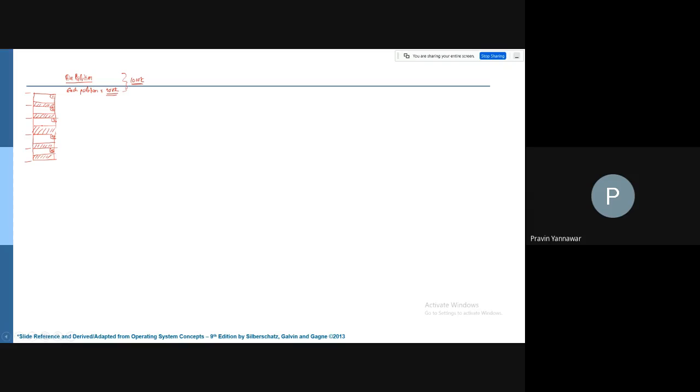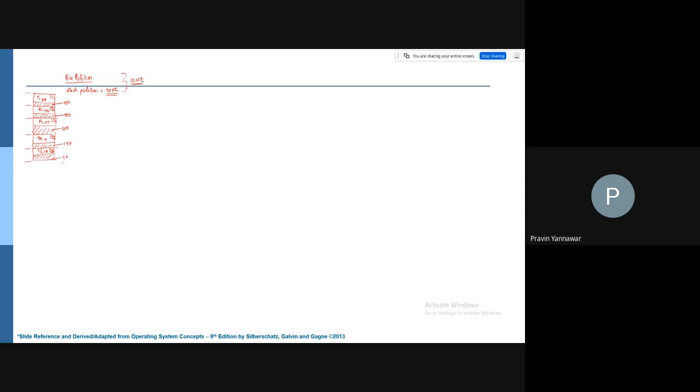Okay, so in this case, say for example, this is T1 of 100, right? T2 of 150, T3 of 100, T4 of say 10, and T5 of say 190. So this free space is of 10k, this is of 190k, this is of 100k, this is of 50k, and this is of 100k.